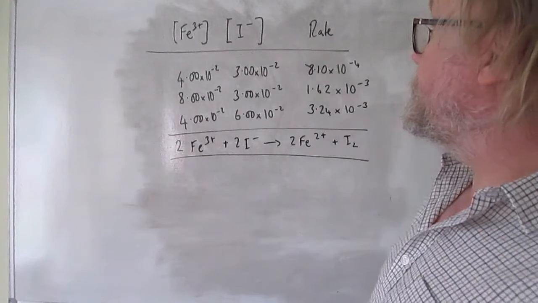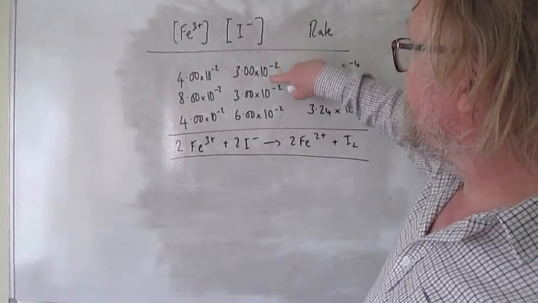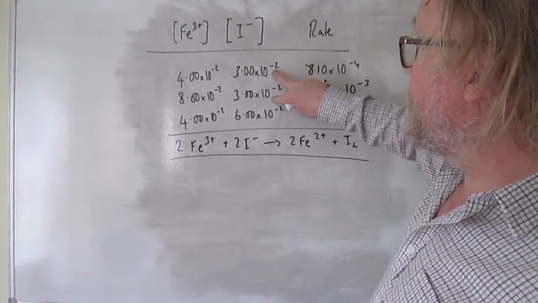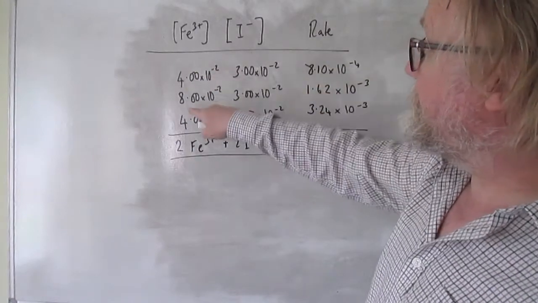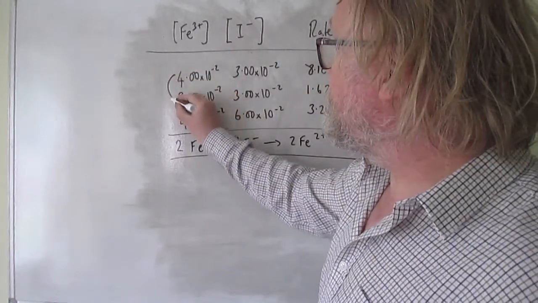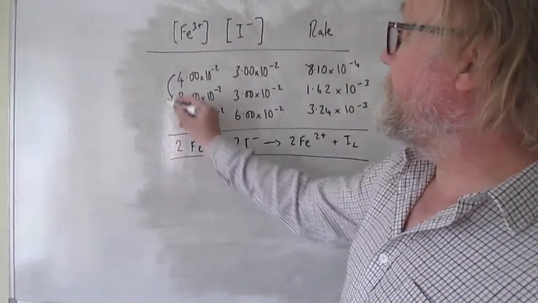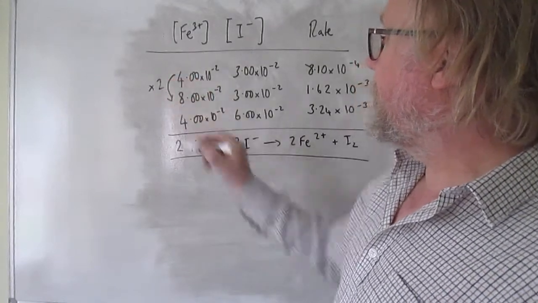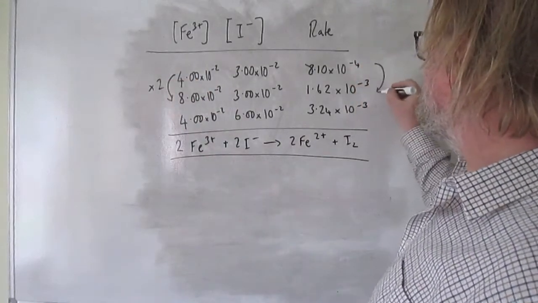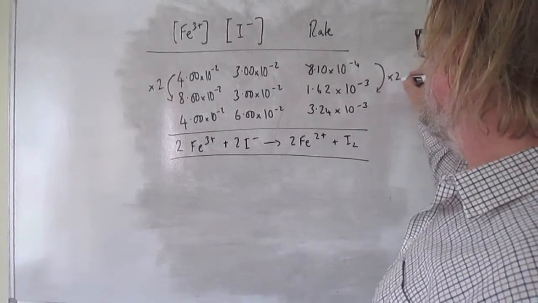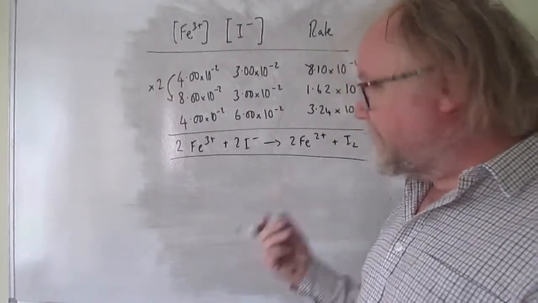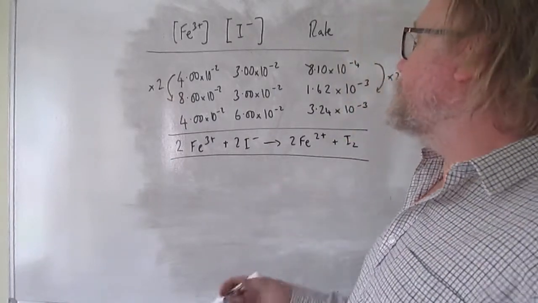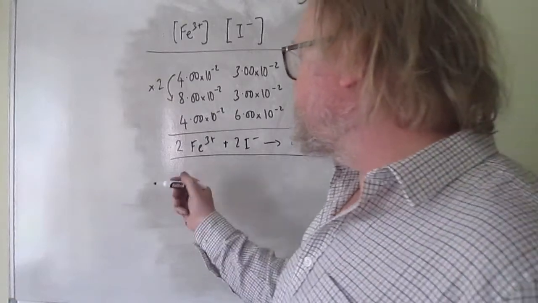If you compare the first two experiments, these two concentrations are the same, and therefore the difference in rate must be down to this, and you can see that the concentration of Fe3+ has doubled and the rate has also doubled, and so you need to write the explanation of that. You can't just say that shows it's first order, you need to spell it out.